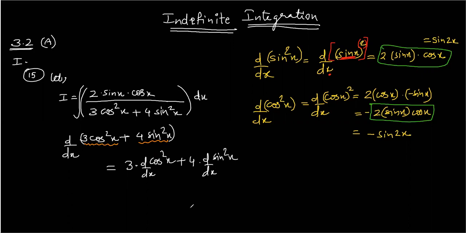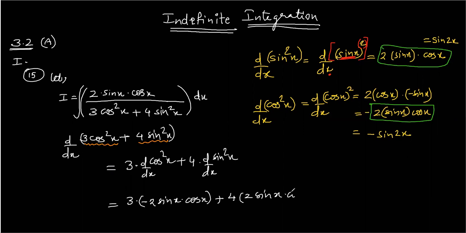Okay. Now d by dx of cos square x is minus sine 2x. What is it equal to, students? It is minus 2 sine x cos x. We just found it. D by dx of cos square x is minus 2 sine x cos x. So I write here minus 2 sine x into cos x, plus 4, and d by dx of sine square x is 2 sine x cos x.